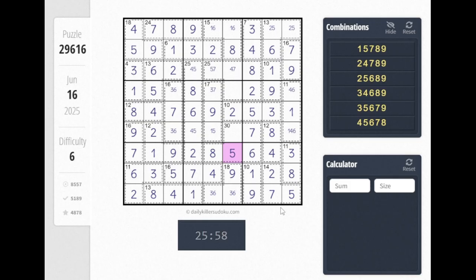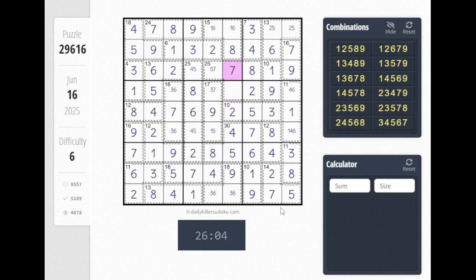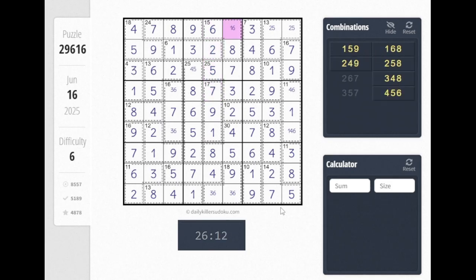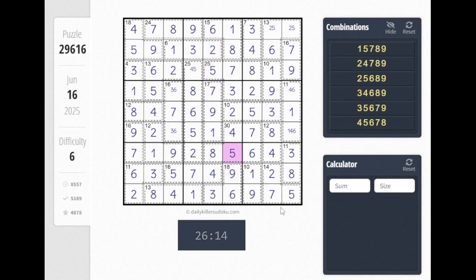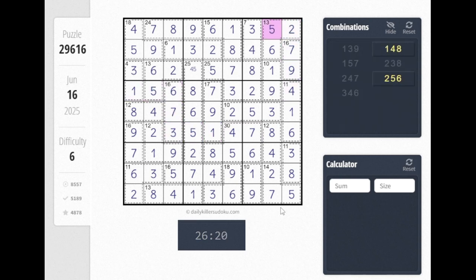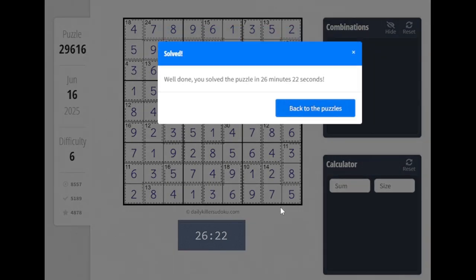But it's not 24. What is this? 13, 13, 26. This is 4. And this is 22. Just had to do a little bit of extra math at the end to figure this one out. But once you did, you're able to get it.